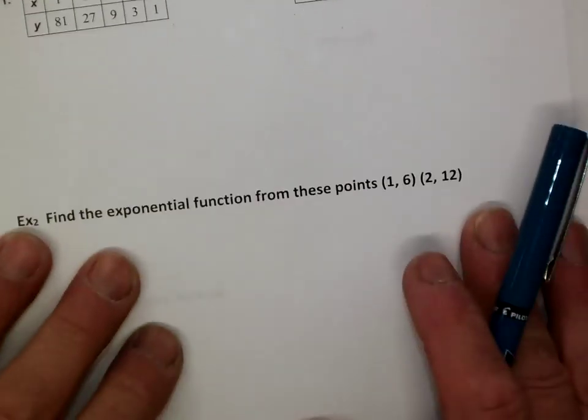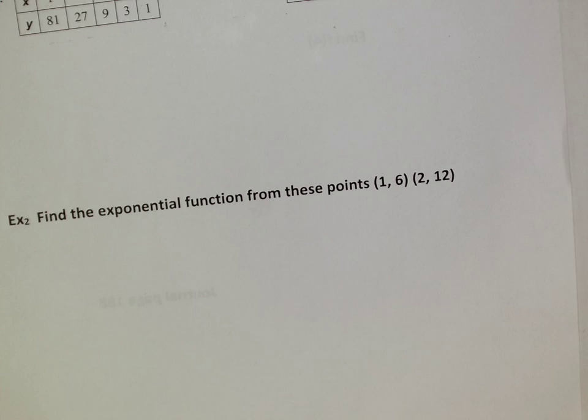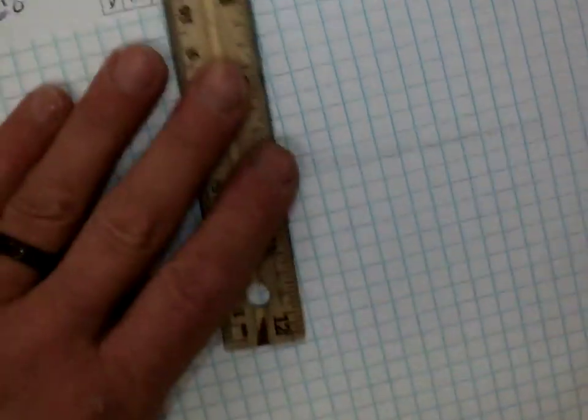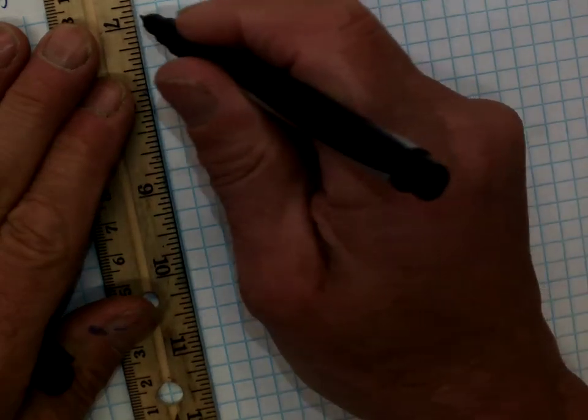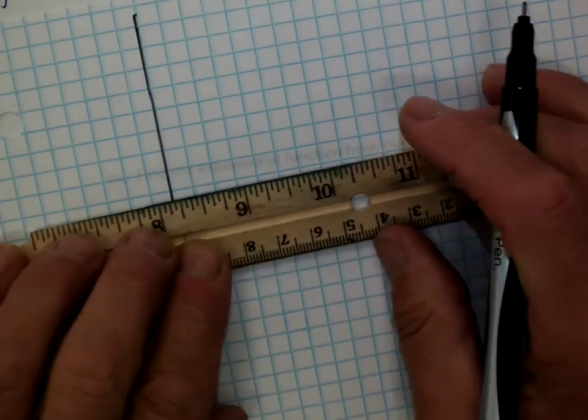Now, example 1. Let's graph it. Got my graph paper. I'm going to do a nice job graphing this, because I believe in high quality.